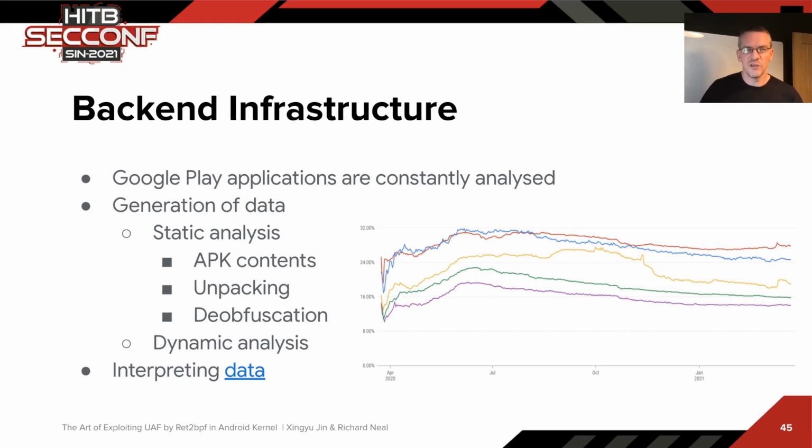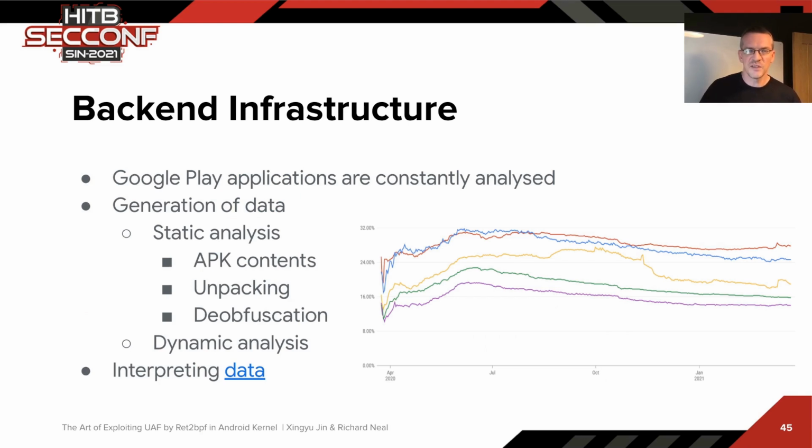We also inspect packers and obfuscators to support better static analysis. The graph here shows the proportion of malware apps that are protected by different packers. This sort of data shows trends in the malware ecosystem and allows us to identify when packers lose and gain in popularity, which can indicate that there's a new packer available, for example.